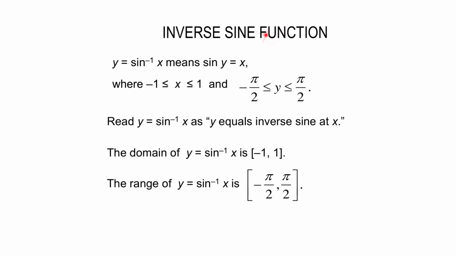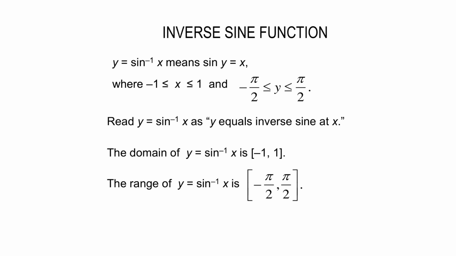And because we wanted this to be a function which passes the vertical line test, we had to limit our domain for y. Y will always be between -π/2 and π/2, meaning that would be our range, not our domain.